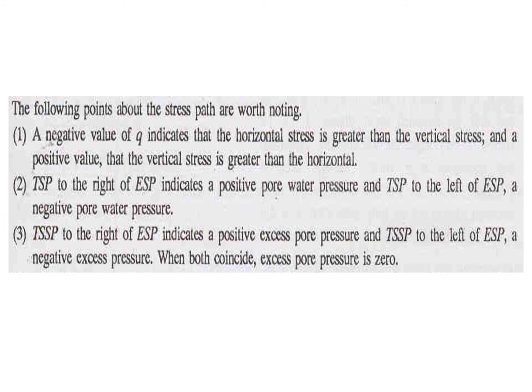And here TSSP, the total stress minus static pore pressure path, to the right of ESP indicates a positive excess pore pressure, and TSSP to the left of ESP a negative excess pore pressure. When both coincide, excess pore pressure is 0. So these are very, very important points.